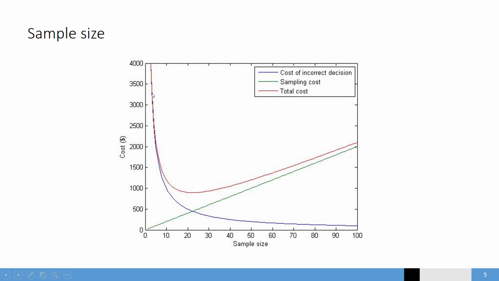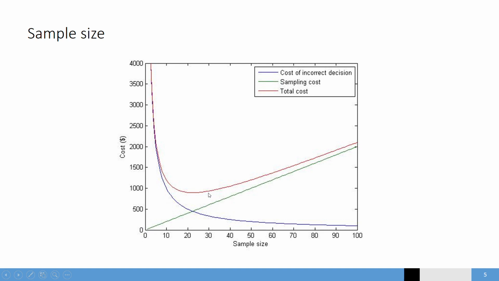So the probability of having a false positive or false negative increases when the sample size is very low. So there is a cost that decreases, not linearly, but it decreases with the sample size. And the total cost of your experiment is the addition of the two.